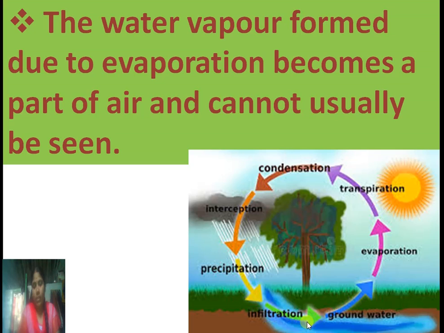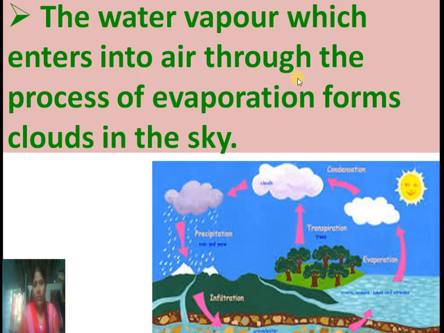The water evaporates into the air due to the sunlight and it mixes with air. The water vapor which enters into air through the process of evaporation forms clouds in the sky.